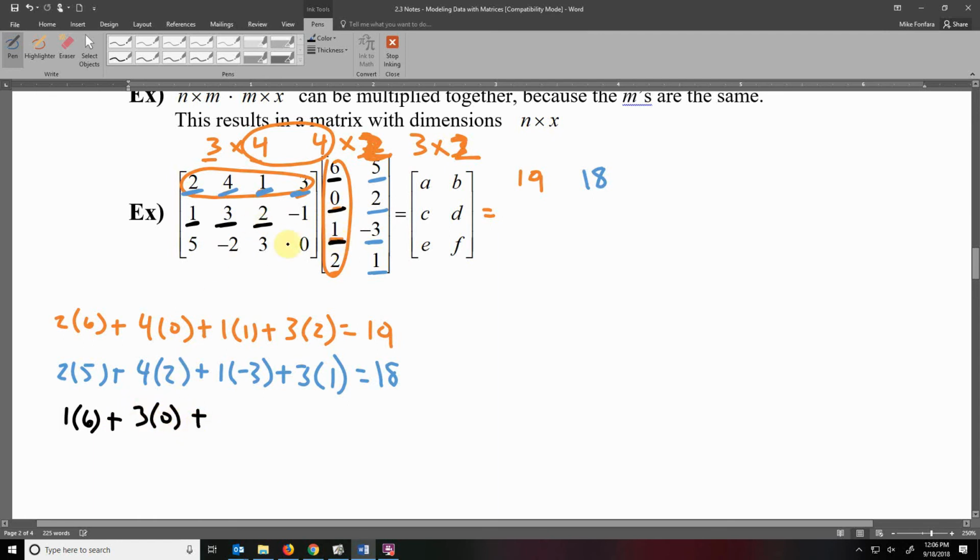Over and down, 2 times 1. And over and down, -1 times 2. Okay, so I've got 6 plus 0 plus 2 plus -2 for a total of 6. So my next element is 6.